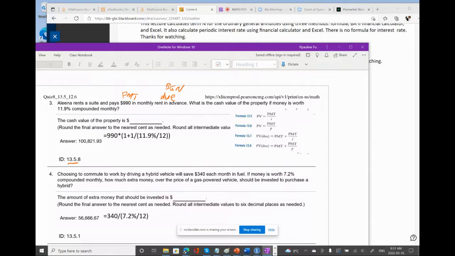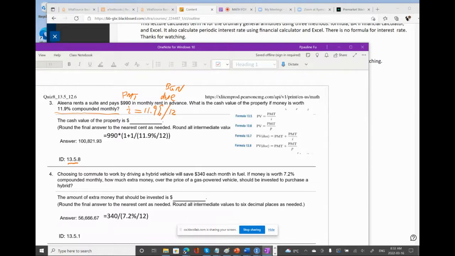The question asks you, what is the cash value of the property if money is worth 11.9% compounded monthly. Compounded monthly means interest I is 11.9% divided by 12.